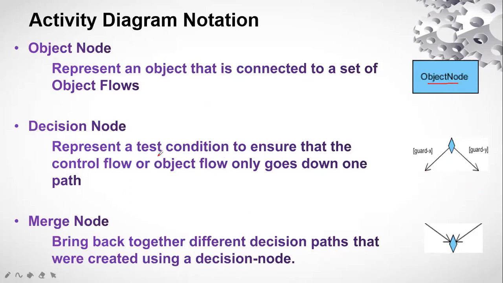It represents a test condition, a generalized name to define the decision node, to ensure that the control flow or object flow only goes down one path. That means either it will go this way or the sequence will flow that way.